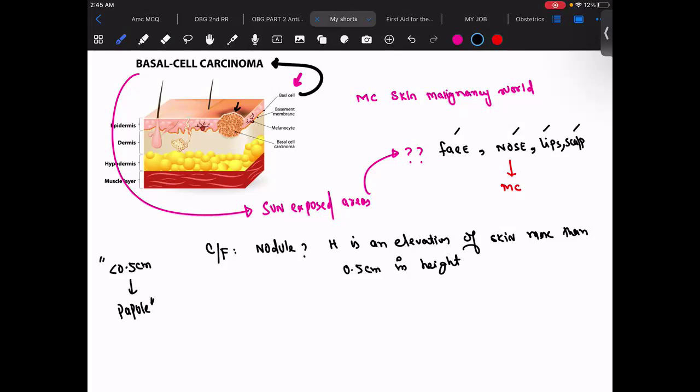But in basal cell carcinoma, initially there is formation of a nodule. If this is the nose, here we can see there is a nodule formation, a skin elevation of height more than 0.5 centimeters.